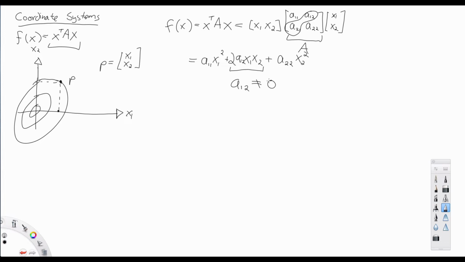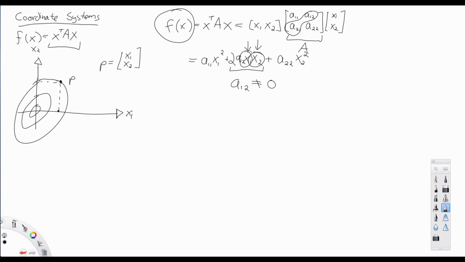In other words, the value that x1 takes on will influence how much x2 will change the output f of x. And the converse is true. The value of x2 is going to influence how much influence the change in x1 has on f of x. We say that these variables are correlated, or that they interact, in other words.